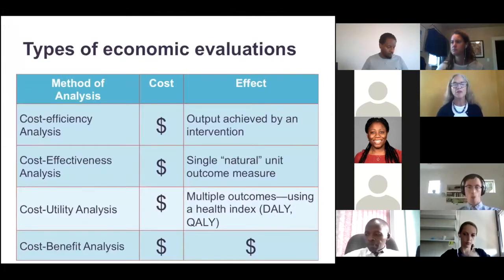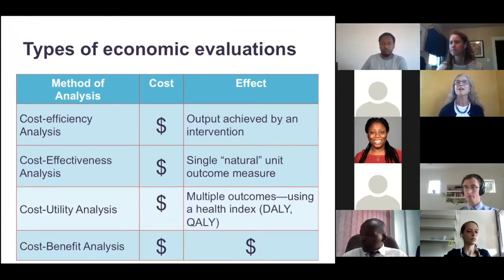There's a large family of economic evaluation methods. I hope many of you got a chance to read the ANH Academy technical brief, and maybe you remember the tree or the family of economic evaluations. We're going to focus on 4 of these today. The most basic type of economic evaluation is a cost efficiency analysis.